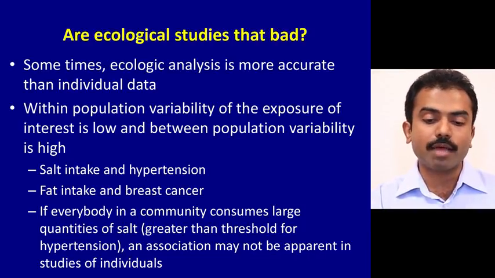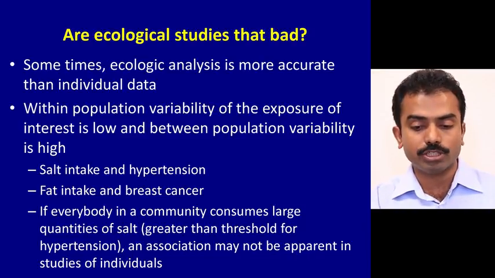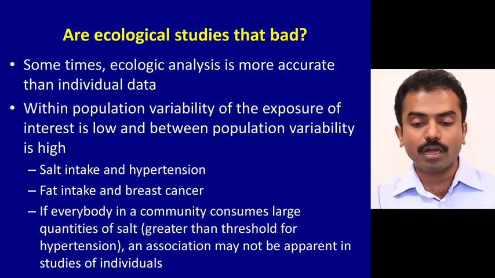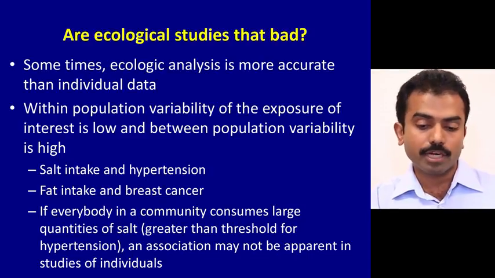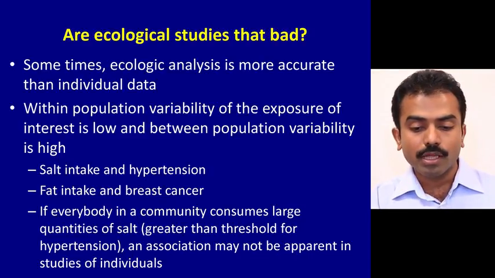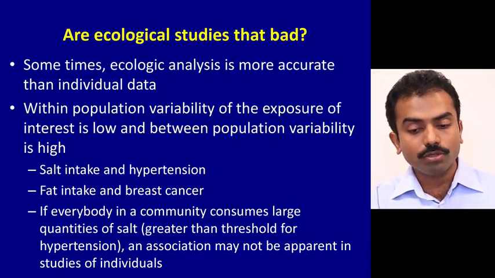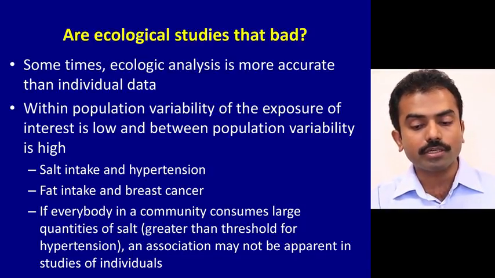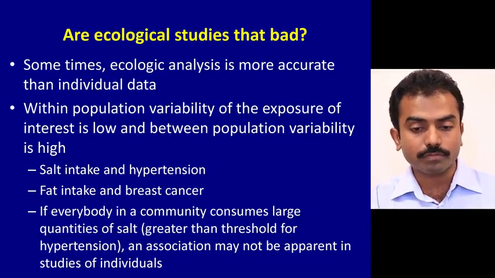Let's say you want to examine the relationship between salt intake and hypertension. And let's say we assume that everybody in a community consumes large quantities of salt, probably greater than the threshold for developing hypertension. Then if you do a study in that particular community, an association between salt intake and hypertension may not even be apparent in studies of individuals, because everybody is taking large quantities of salt.